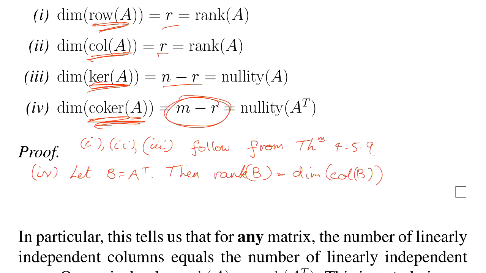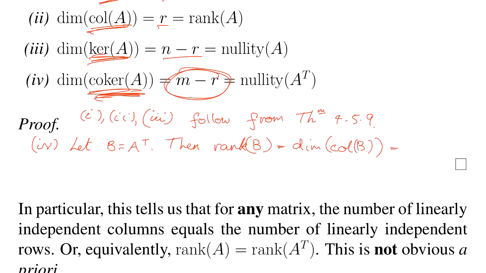What space associated with A is the column space of B? It's the row space, right? Because the columns of B are precisely the rows of A. So if you look at the span of the columns of B, you're looking at the span of the rows of A. So the dimension of the column space of B is the dimension of the row space of A, because the column space of B is the row space of A.